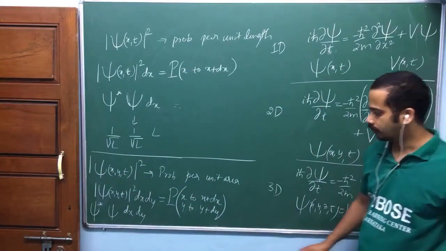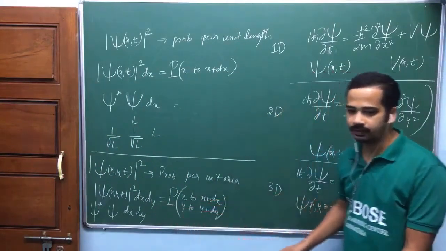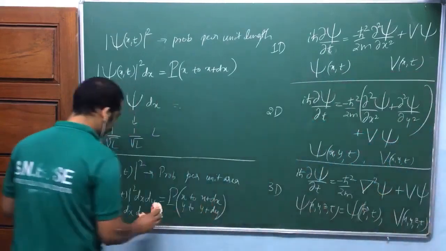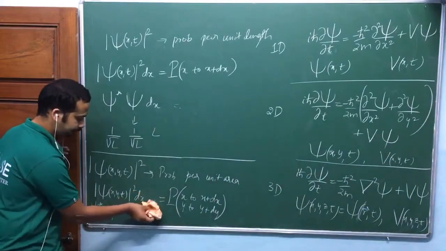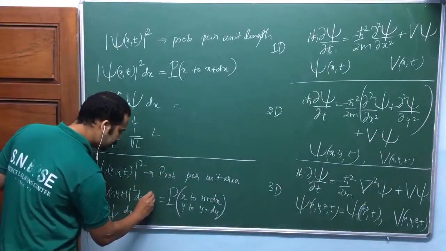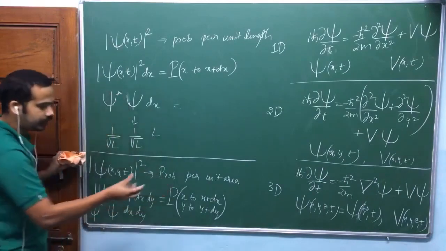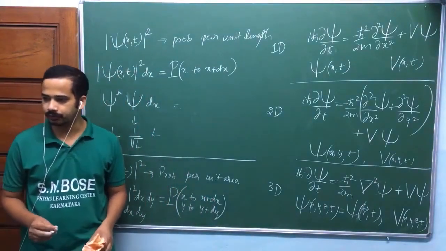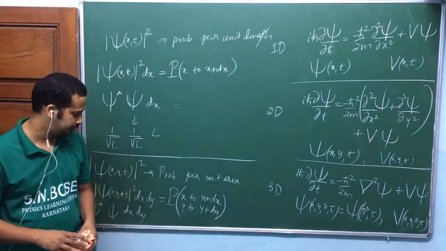Is that okay? Quickly see this definition of probability. Now remember, if you rub this out, that's not a probability. It is per unit area. You should multiply by dx into dy. Dx into dy in the xy plane, we call that an infinitely small area. I hope you know that, isn't it?